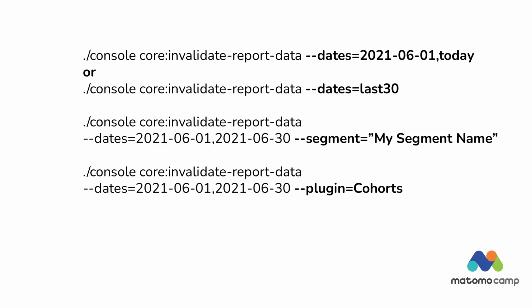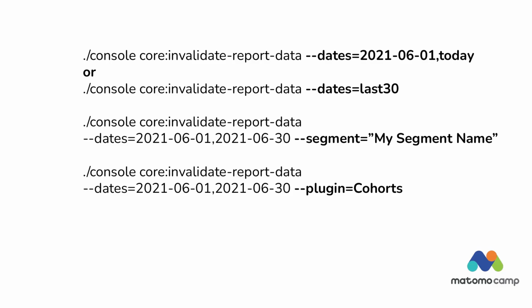So this is really where the CLI commands are a lot more useful than just invalidating report data in the UI. When we combine all of these together, we get the ability to not only invalidate reports for a specific date range and for a specific segment, but also for a very specific plugin.